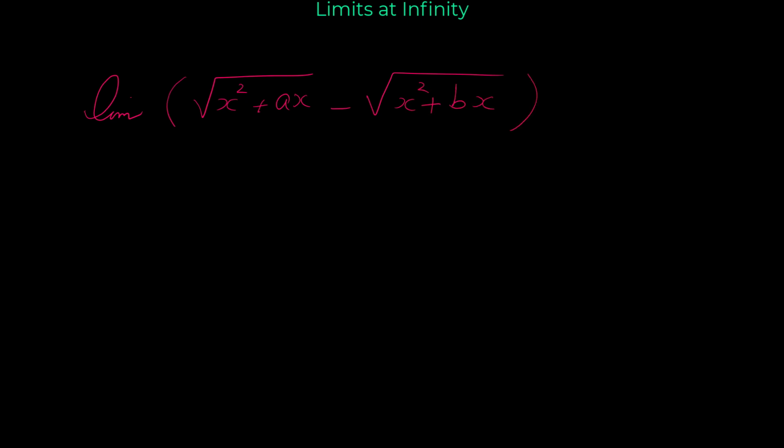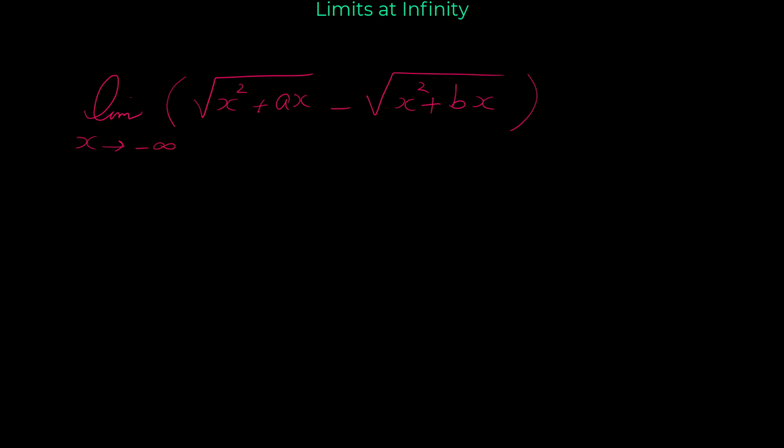Now, look at this example. We want to find the limit of radical x to the 2 plus ax minus radical x to the 2 plus bx when x approaches negative infinity.